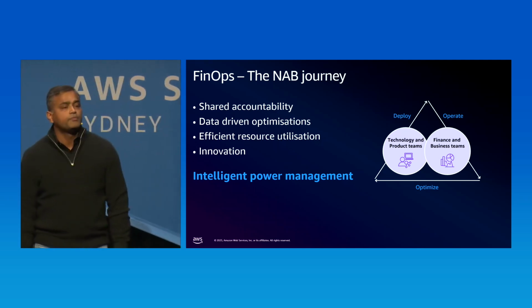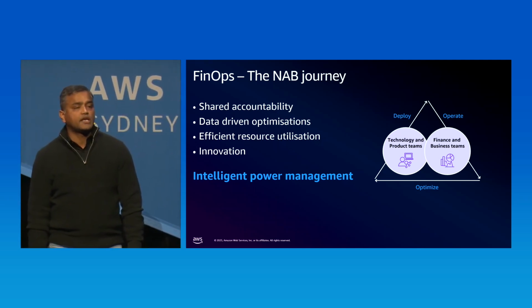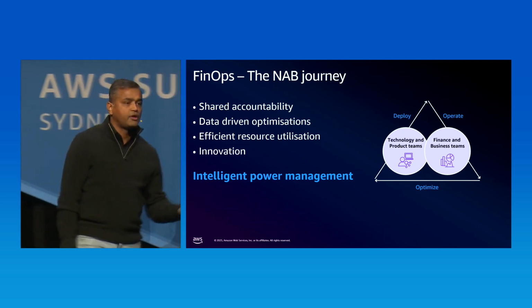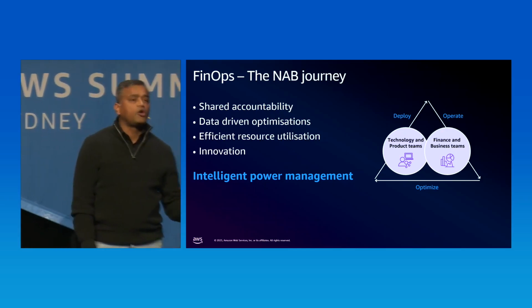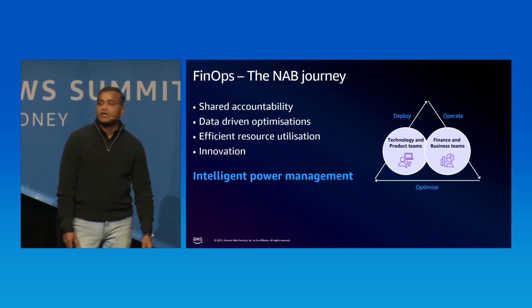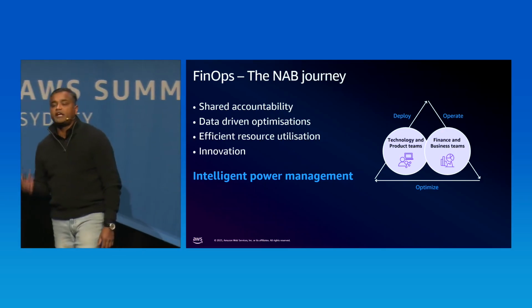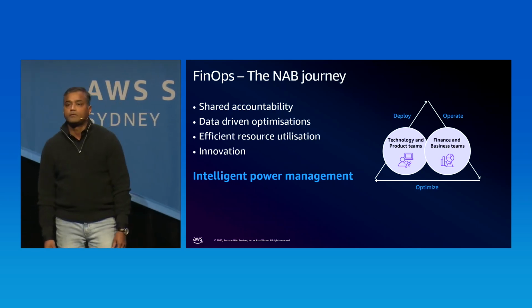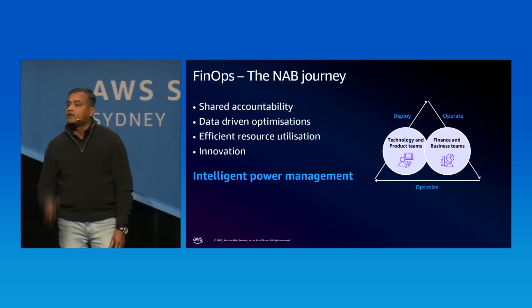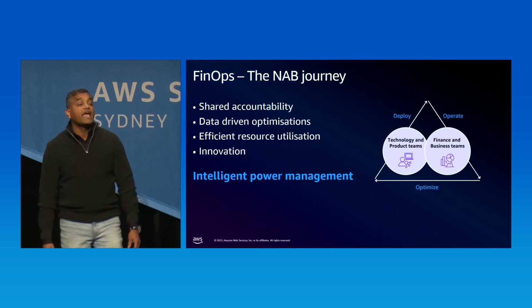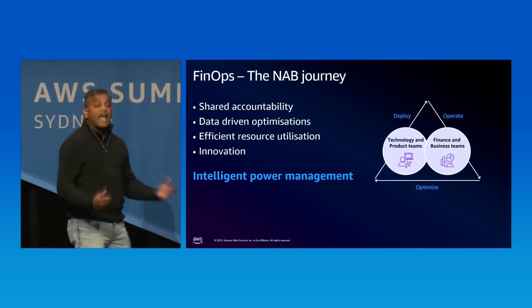At NAB, FinOps is not just a responsibility of one central team or a central function. It is a shared accountability model. Everyone can see their cloud spend and associated cost, and we encourage them to take action.